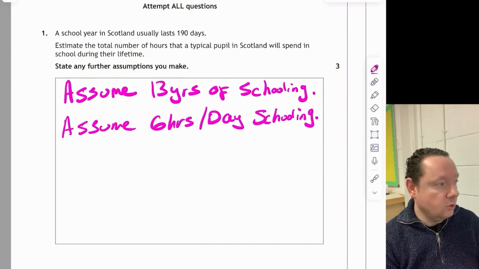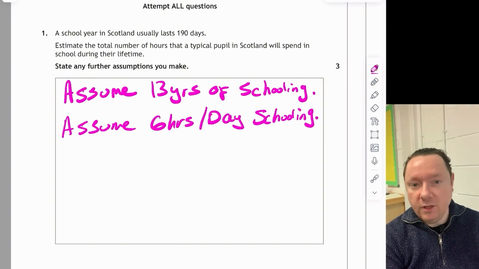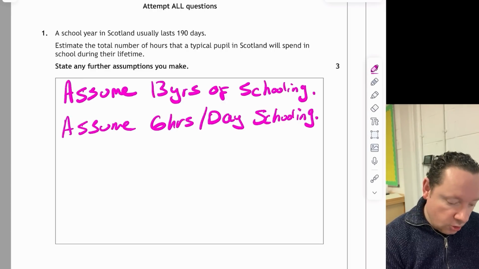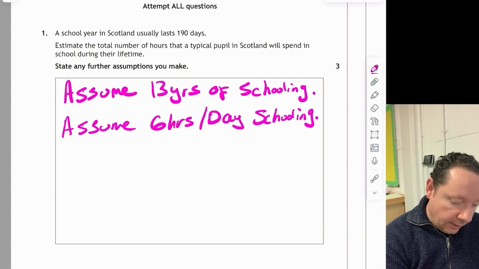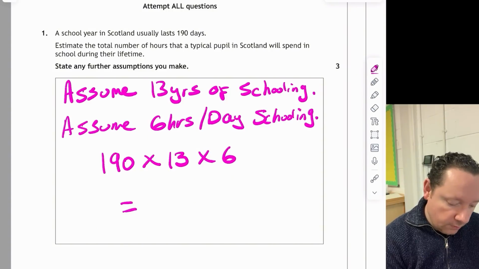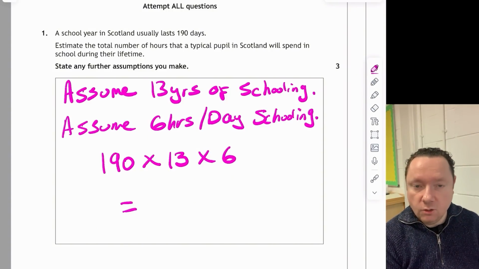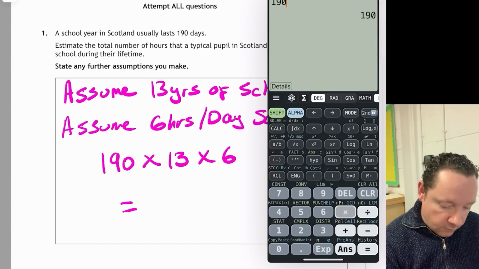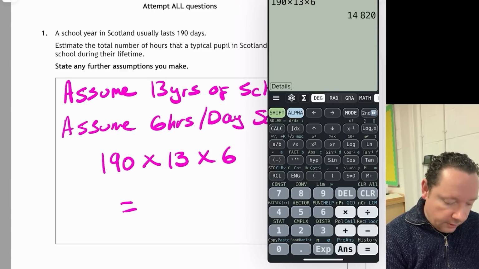Okay, a reasonable assumption. Okay, so now we need to estimate the number of hours that the pupil spends in school. So we've got 190 days a year times 13 years of schooling times 6 hours a day. So there's the sum I need to do. Getting a calculator for all that, and you don't do anything without a calculator for this exam. 190 times 13 times 6, 14,820 hours.